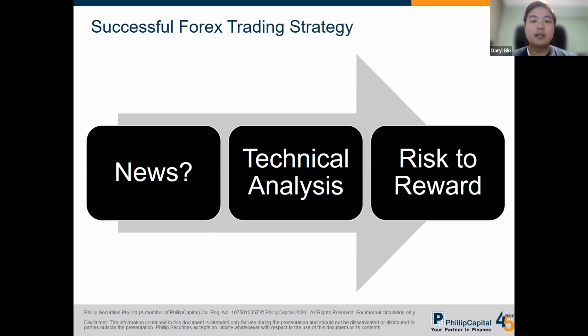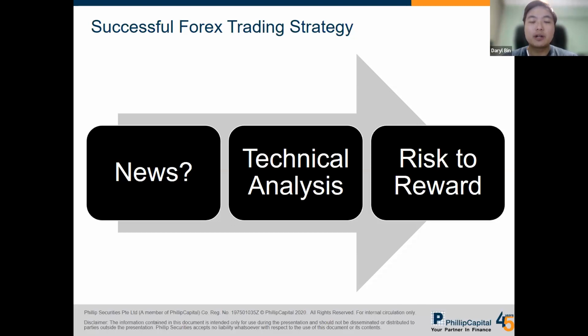Okay, so this should be the flow of successful forex trading. The first thing is we should be familiarized with the particular pair. We should understand the sensitivity of the pair and what levels we should take note of. Apart from that, we also have to understand if there's any news that will affect the pair movement, such as FOMC or non-farm payroll.